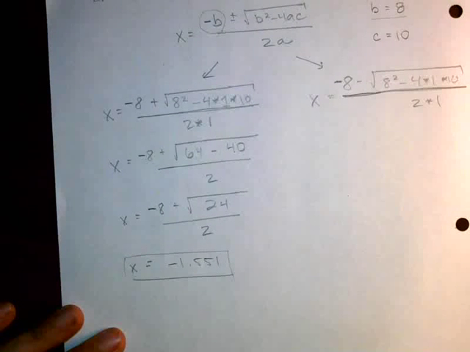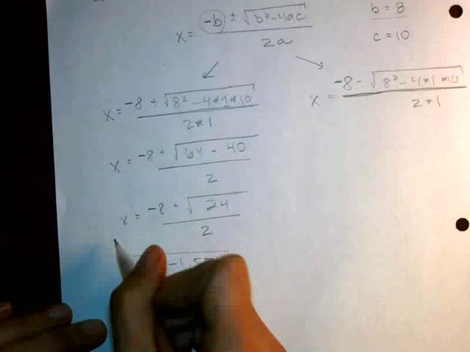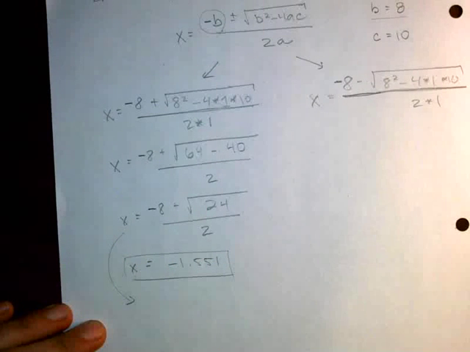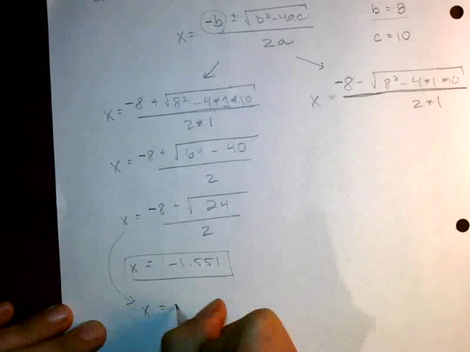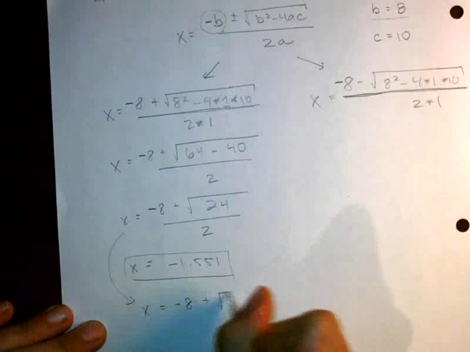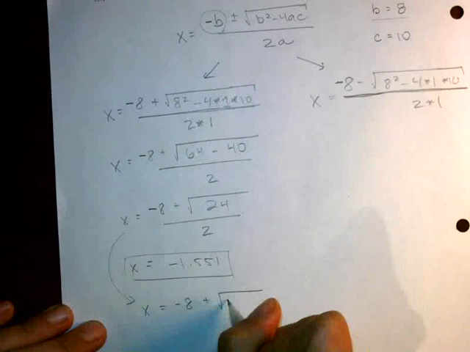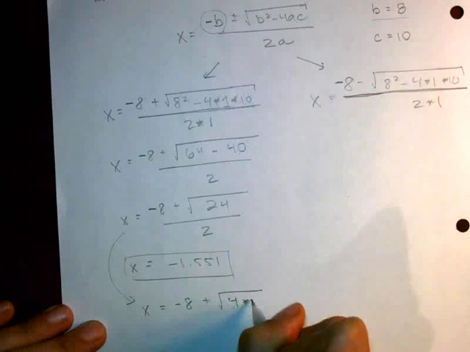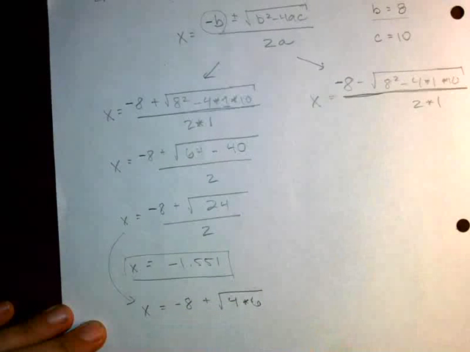You're welcome to just plug that number into your calculator and box that as your answer, and that's fine. To continue simplifying this, though, let's keep going. I'll do it a slightly different way this time, just so you can see 2 different ways. So let's do X is -8 plus the square root of 24. 24 is 6 times 4. So this is the square root of 6 times 4, divided by 2.